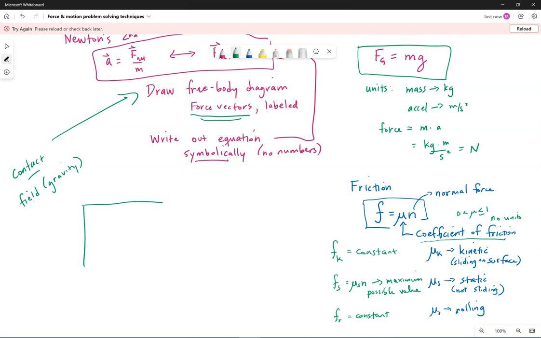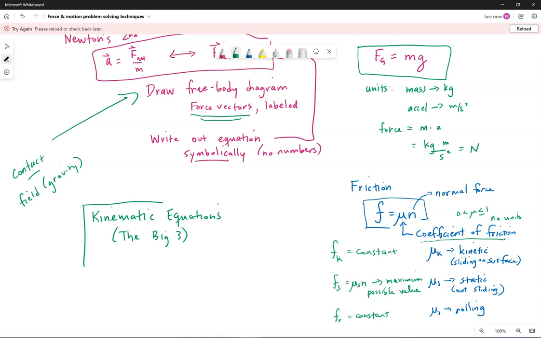One other thing is there will be situations where the kinematic equations from the last section, which we also labeled the big three, will be applicable. So keep in mind, the forces are directly related to the acceleration. If you want to incorporate velocity or time or distance, that's going to be with the kinematic equations.